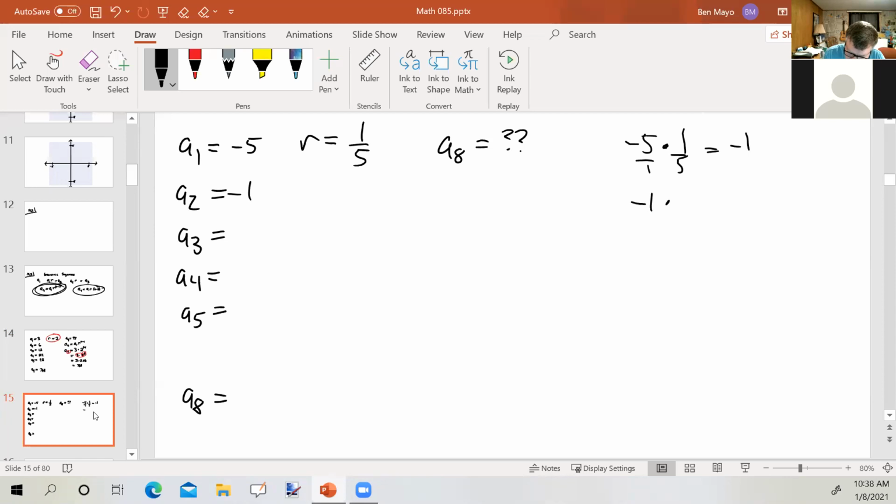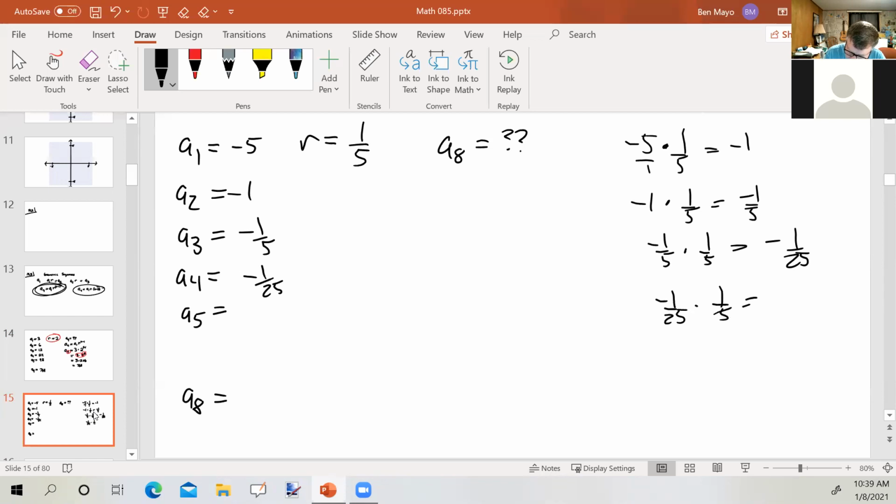Okay. -1 times 1/5 would be -1/5. -1/5 times 1/5 would be -1/25. And -1/25 times 1/5 would be -1/125. Okay, so there are the first 5 terms. Any questions before we go on to find a sub 8?